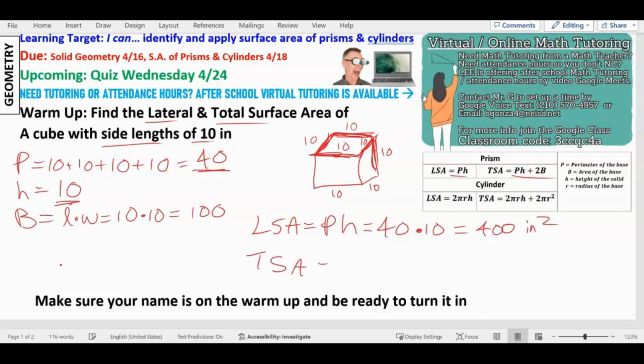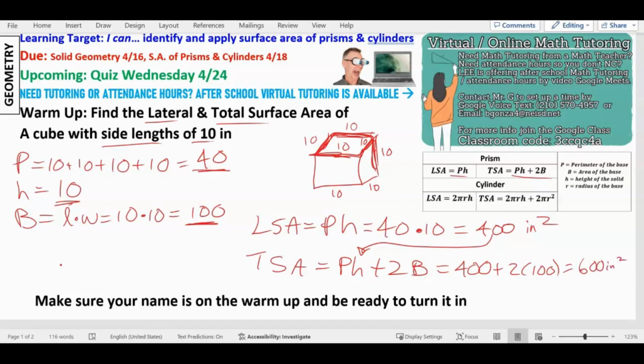Total surface area is going to be PH plus 2 big B. We know the PH is 400. So 400 plus 2 times big B, which is 100. 2 times 100 is 200. 400 plus 200 is 600 inches squared.